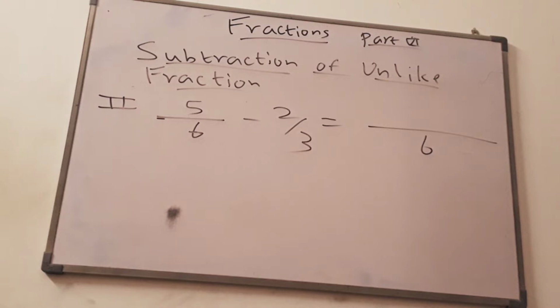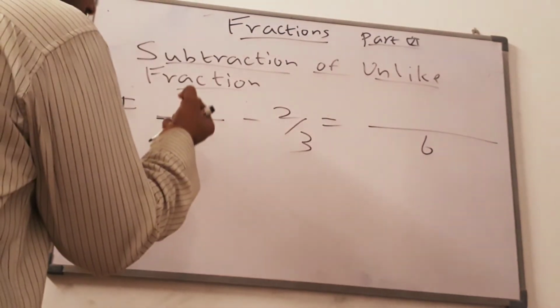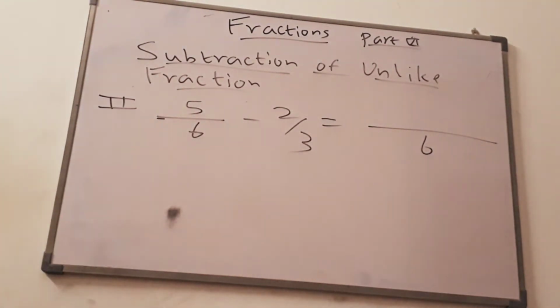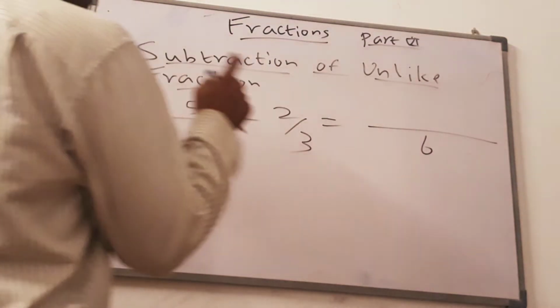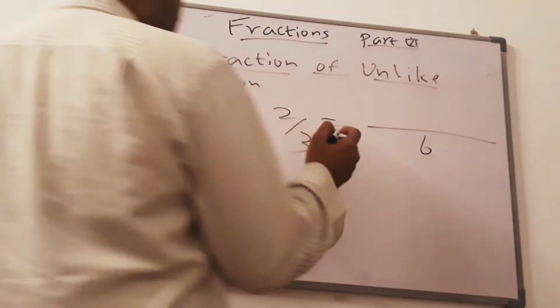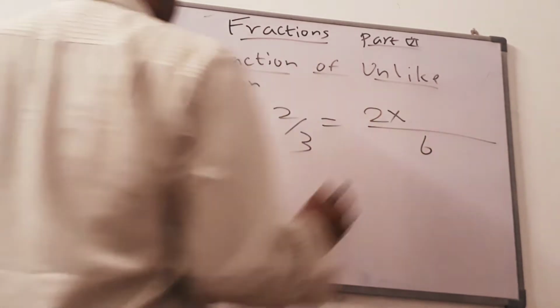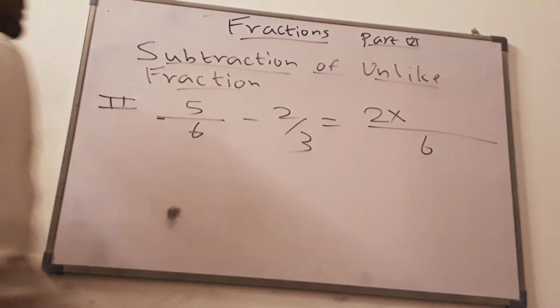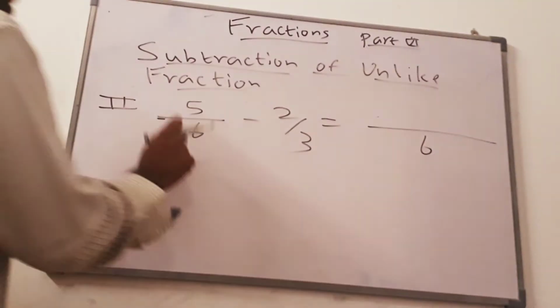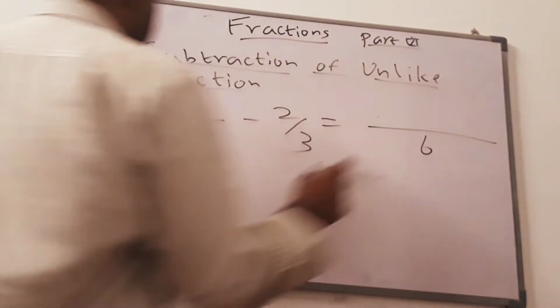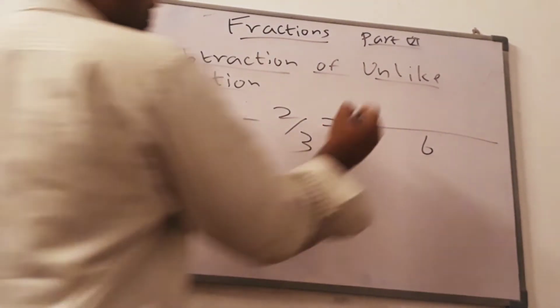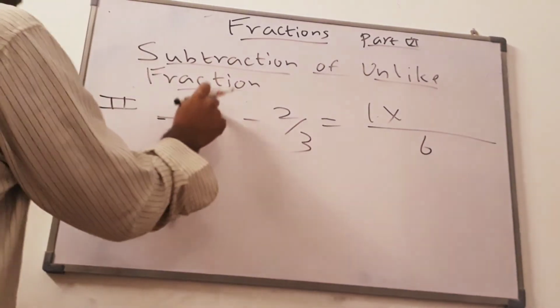How many 3's are there in 6? There are 2 3's in 6. Sorry, first we have to check how many 6's are there in 6. 1 6 is there, so we multiply 1 by the numerator, which is 5.